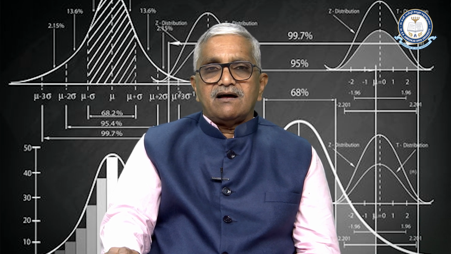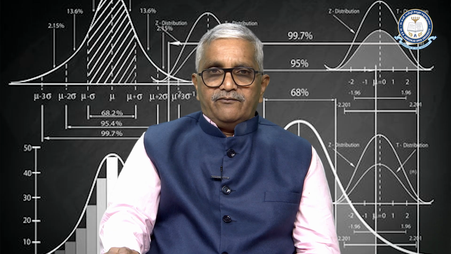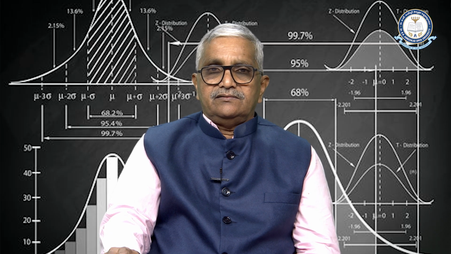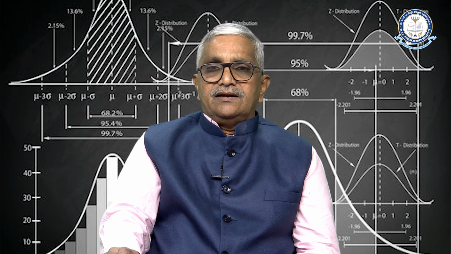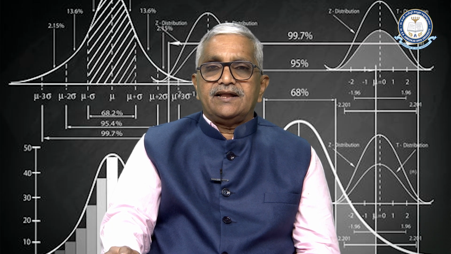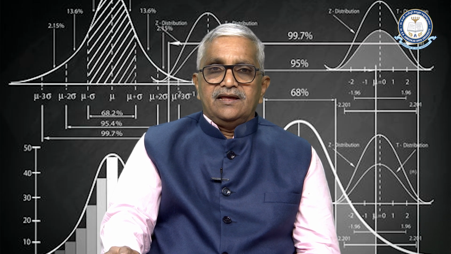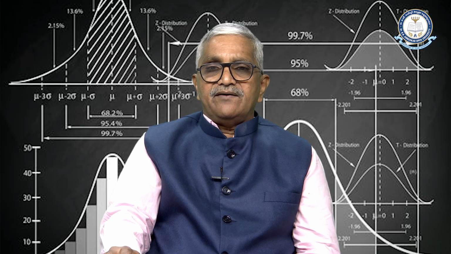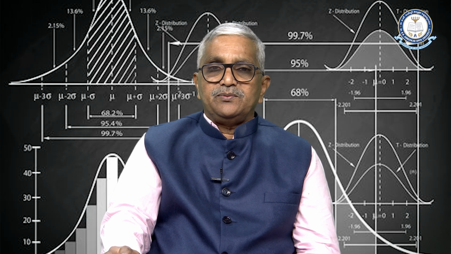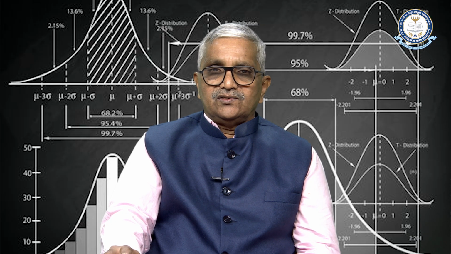The next measure of variation is mean deviation. Mean deviation explains the spread or dispersion of data points in a data set. It represents the average of the absolute differences between each data point and the mean of the data set.